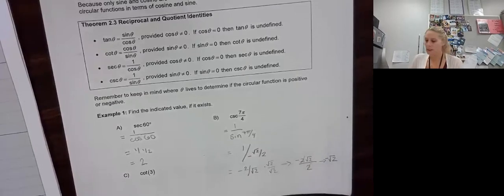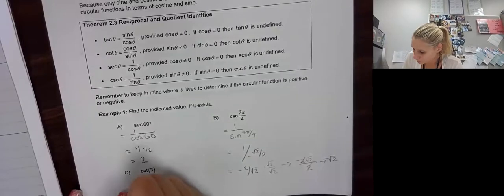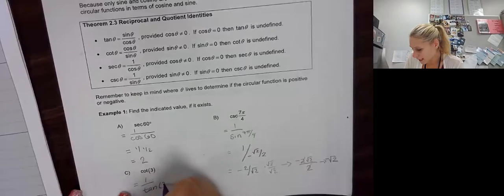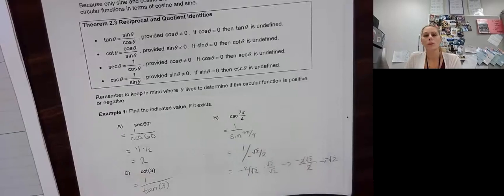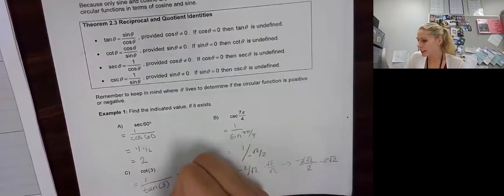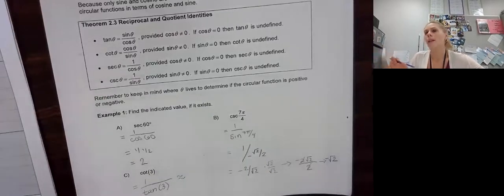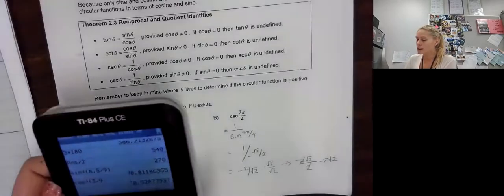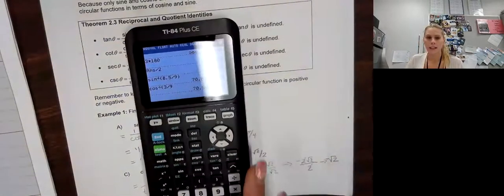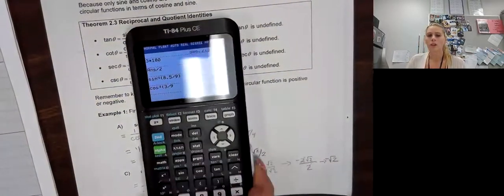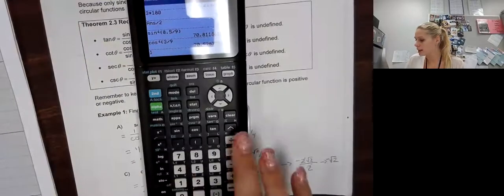Cotangent, of course, is 1 over tangent, and 3 is actually not easily found on the unit circle. So what we're going to do is actually use our calculator. Now, of course, my calculator is a graphing one and it's more extensive. Remember, you can't use these, but you will have your sine, cosine, and tangent on there. So, of course, cotangent is 1 divided by tangent.